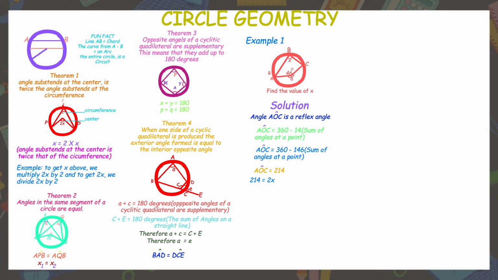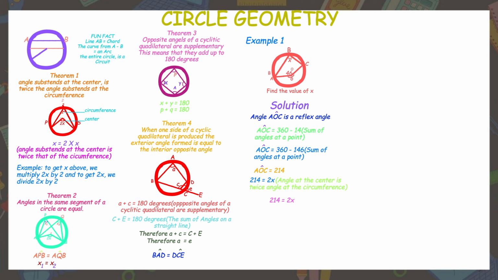Angle at the center is twice angle at the circumference.